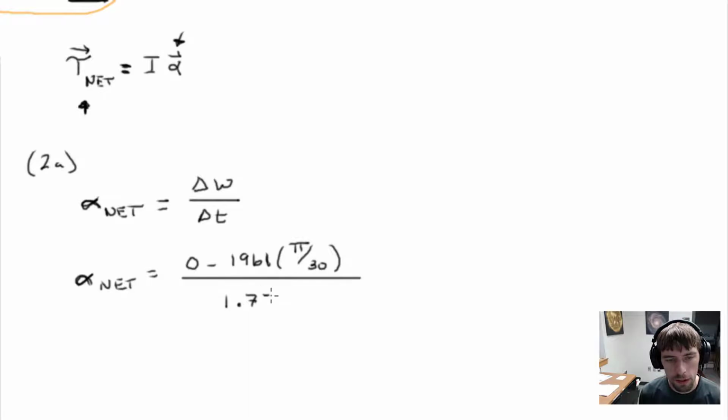In the absence of this applied force, it was 56 seconds. Now it's 1.77 seconds. So we get a net acceleration of, I had negative 116.0. Okay. Radians per second squared.